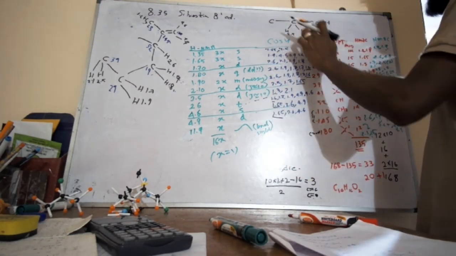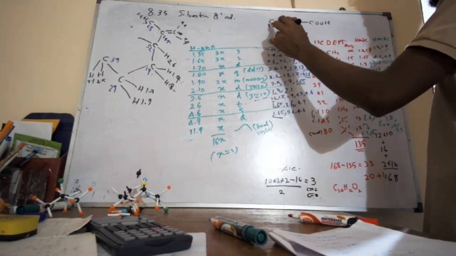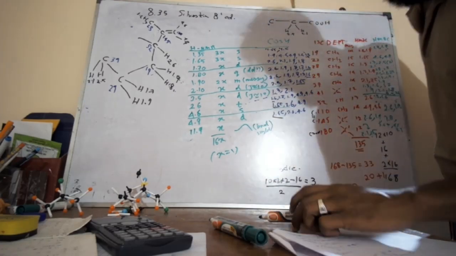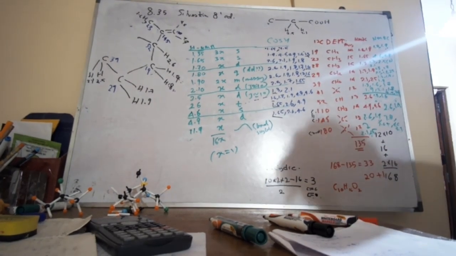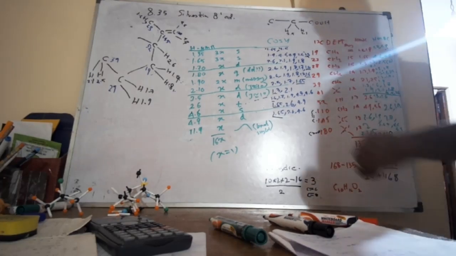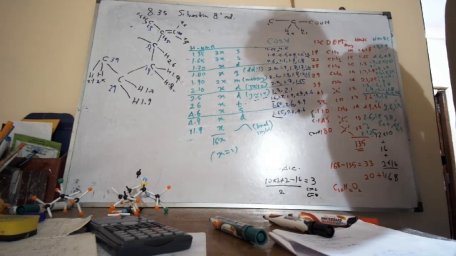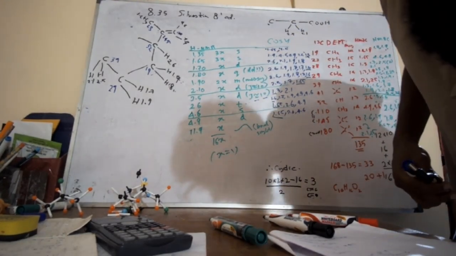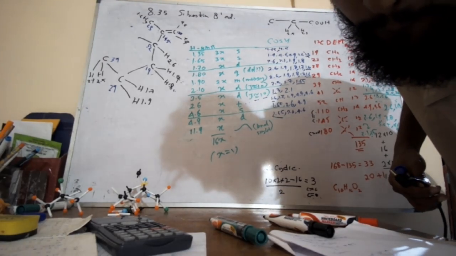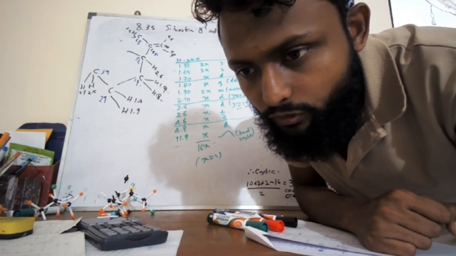Okay, so if you consider the 3 bond correlation, 1, 2, 3 bond correlation, what we are understanding here is that if you look at the 3 bond correlation, all right.